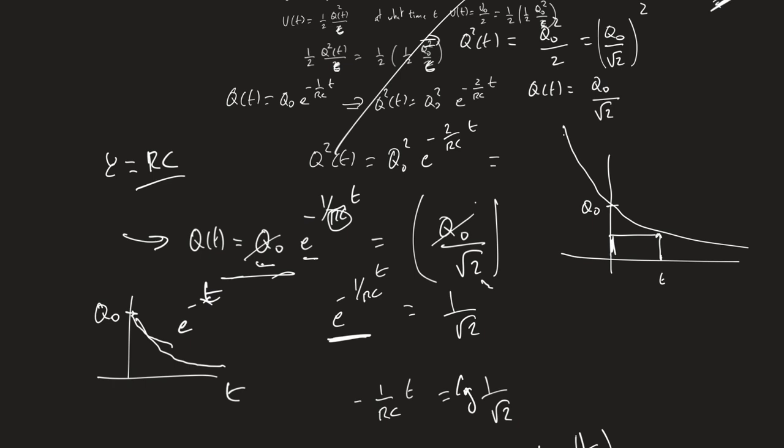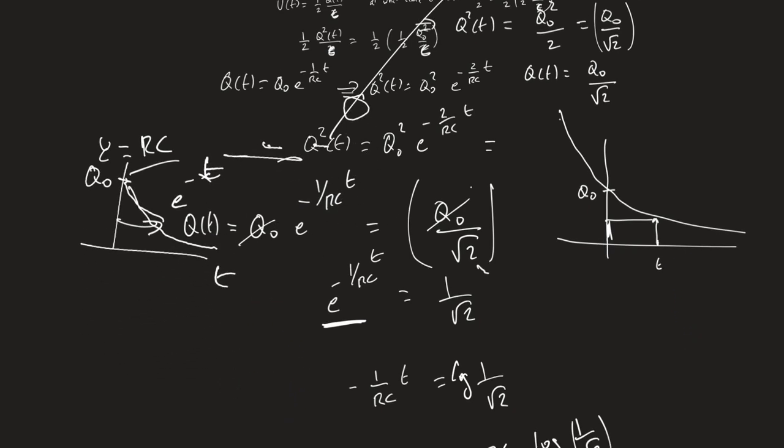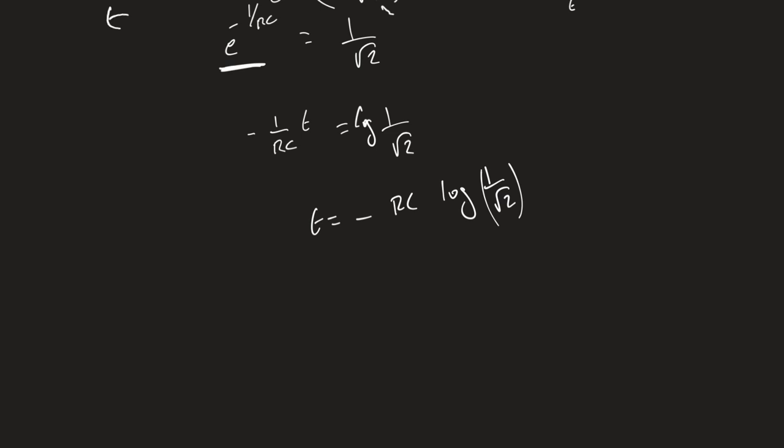So it will be minus 1 divided by RC times t equal log of 1 divided by square root of 2. So the time t will be minus RC times the log of 1 divided by square root of 2.